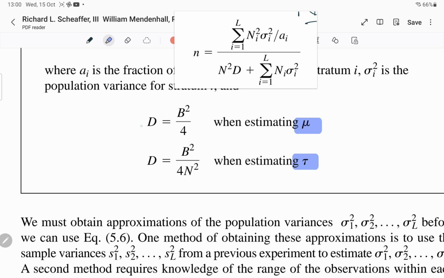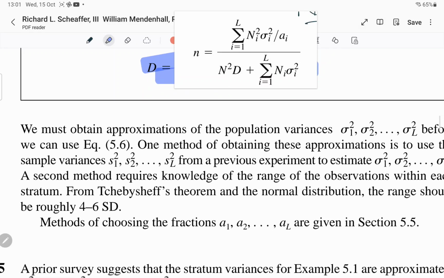Okay, so for each case your d is different. You have this d when the population mean is given, and you will have this d when the population total is given, so when your question is related to total, your d is equal to B square over 4N square. Okay, so this d will depend upon what type of question you are having.